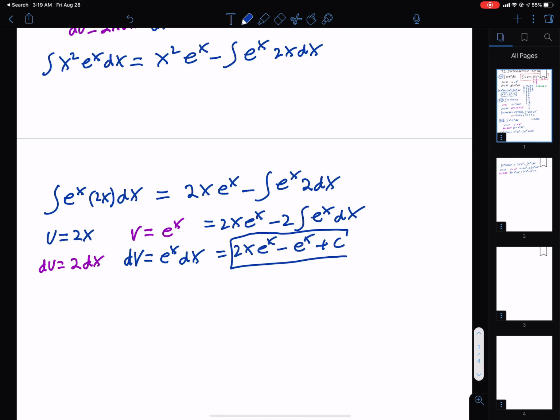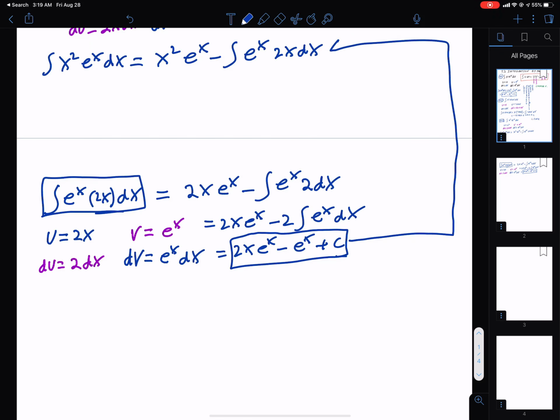So that is the antiderivative of that. So I'm going to plug this in for that, if it all makes sense. So I have x squared e to the x minus, and in parentheses, because I'm subtracting this whole antiderivative, 2x e to the x minus e to the x plus c.